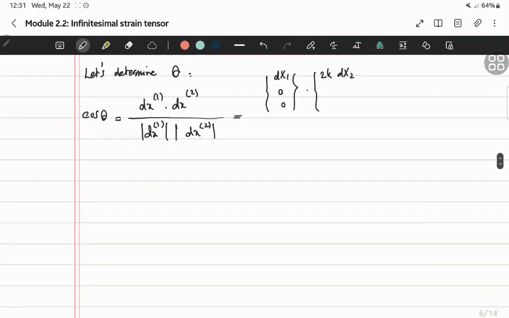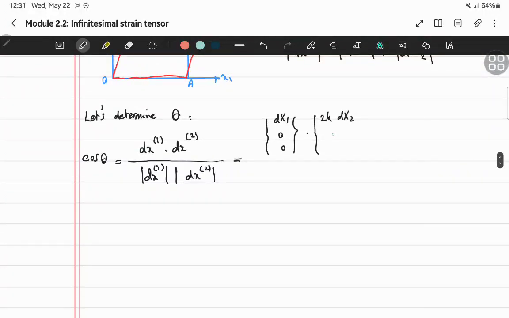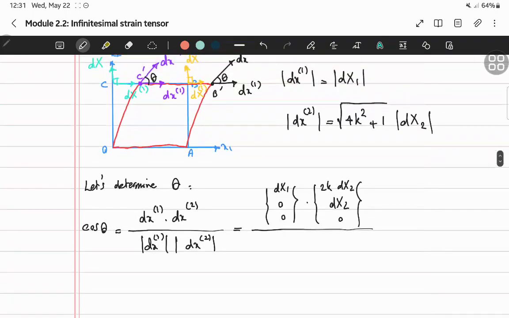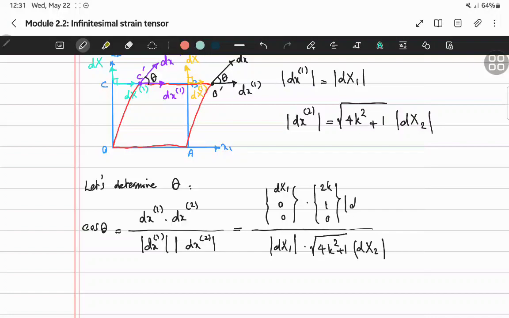And then we have the magnitudes: the magnitude of dx1, which is (1, 0, 0), and the magnitude of dx2, which is the square root of 4k squared plus 1.